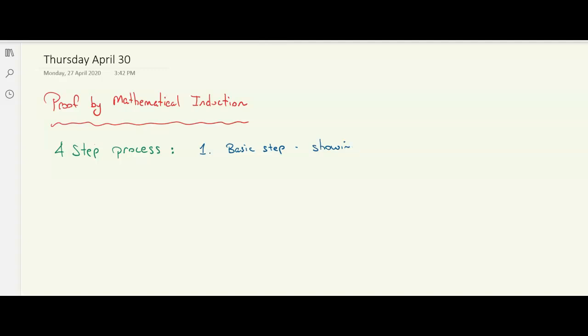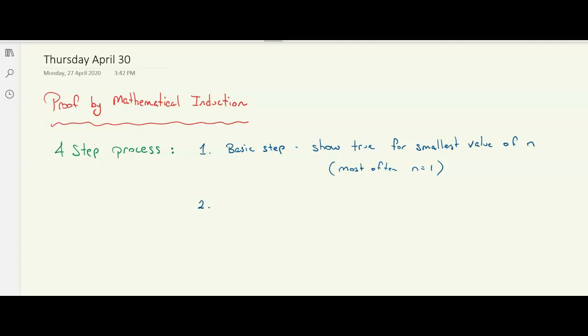So the basic step is to show true for the smallest value of n, because n is normally our variable that we're working with. Most often it's n equals 1. We're most often dealing with the positive integers, so we're normally going from n equals 1. It's not always the case, but it most often is. So that's the basic step.